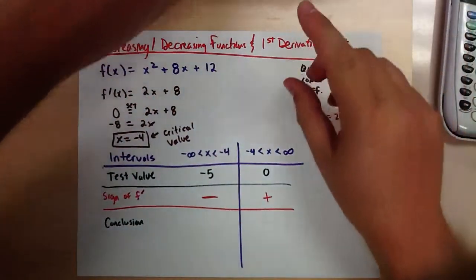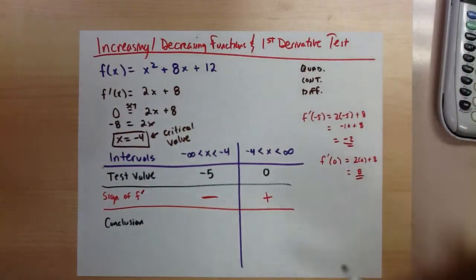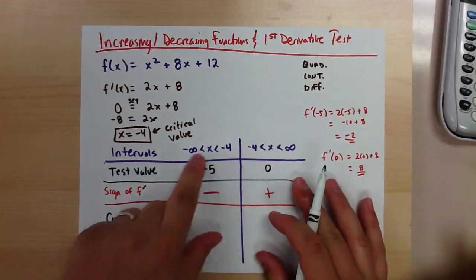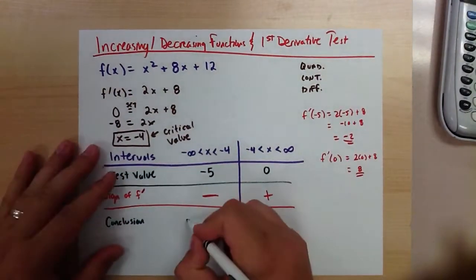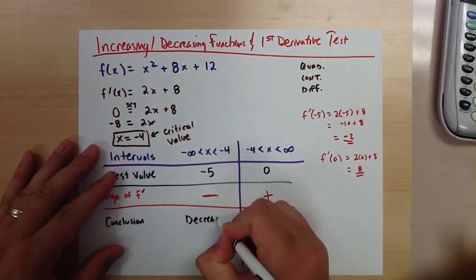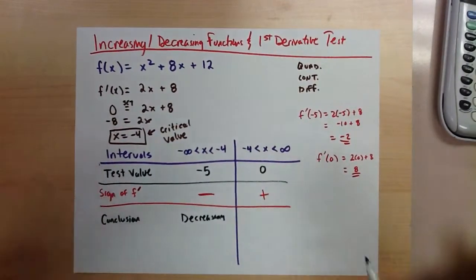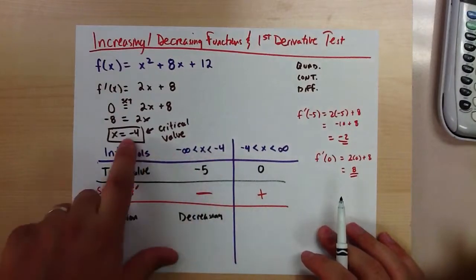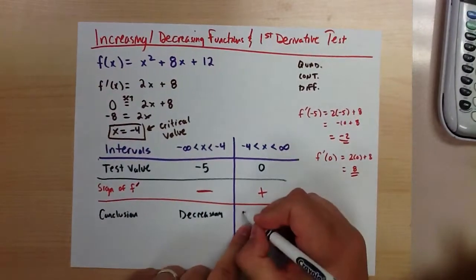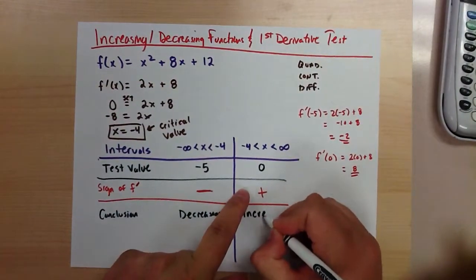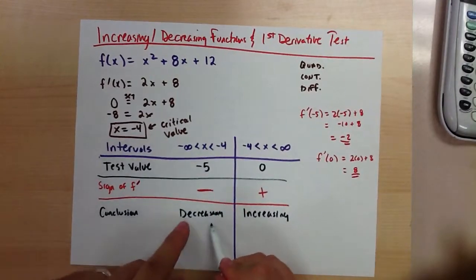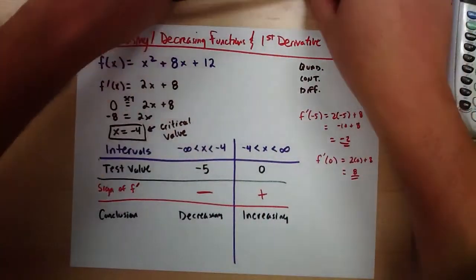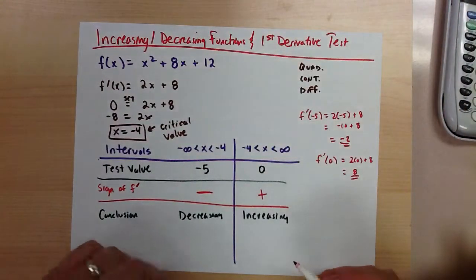So what do we conclude? Well, this interval contains values that when I plug into my derivative, I get negative. That means that this is a decreasing function at this location. Then it hits x equals negative 4, and it hits 0, and then it starts increasing. I get positive slopes of tangent lines. And so I go from a decreasing function to an increasing function. So what's that say about x equals negative 4?